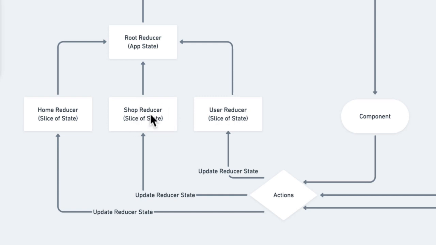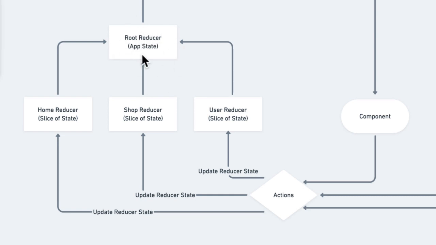Anything related to our shop items, for example, that we need to display would be in a shop reducer. And then anything related to our home, say our directory items, would be in a home reducer. And they all combine together into one big state object called the root reducer.